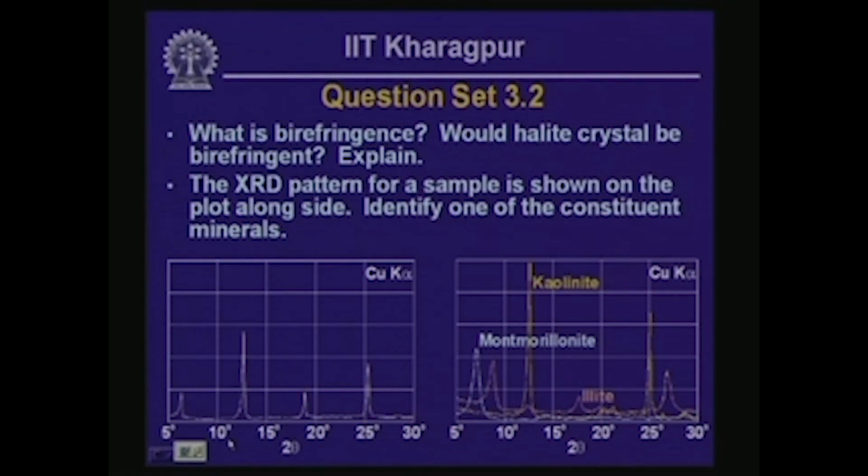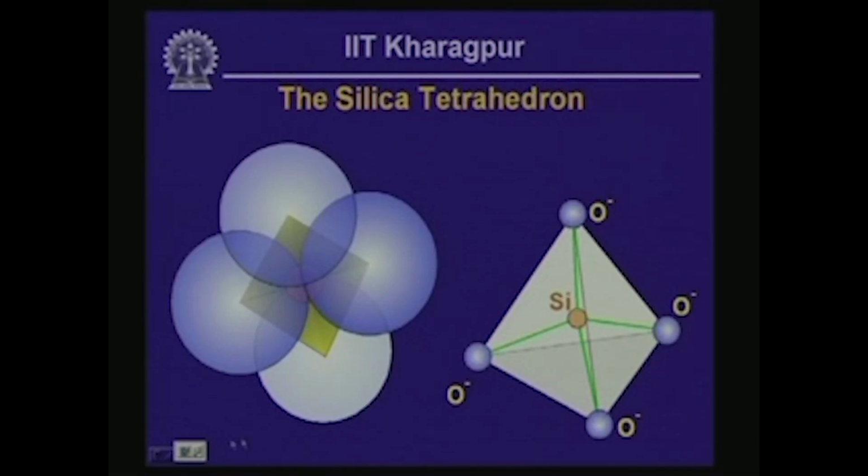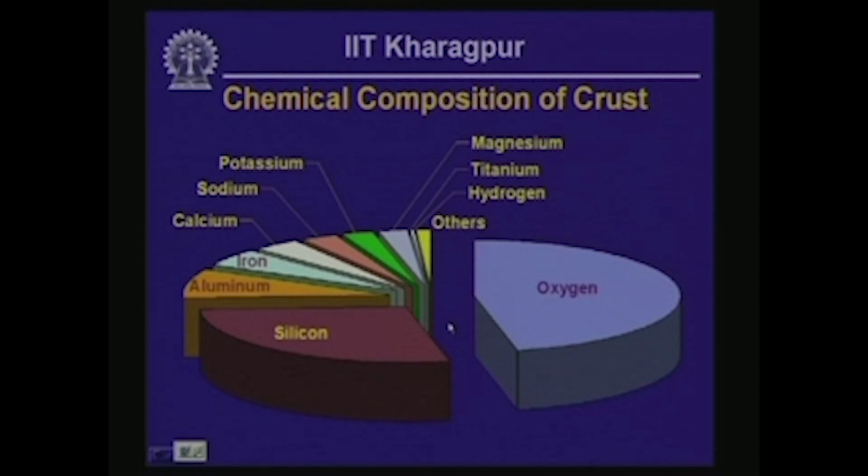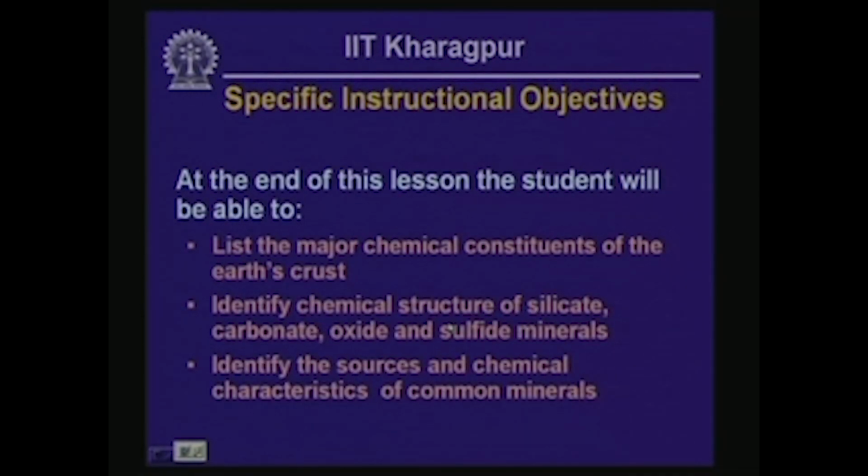Now, we get back to the subject matter of this particular lesson. What are the objectives of this lesson? We are going to list major chemical constituents of the Earth's surface. We are going to identify the chemical structure of silicate minerals, carbonate minerals, oxides and sulfides.